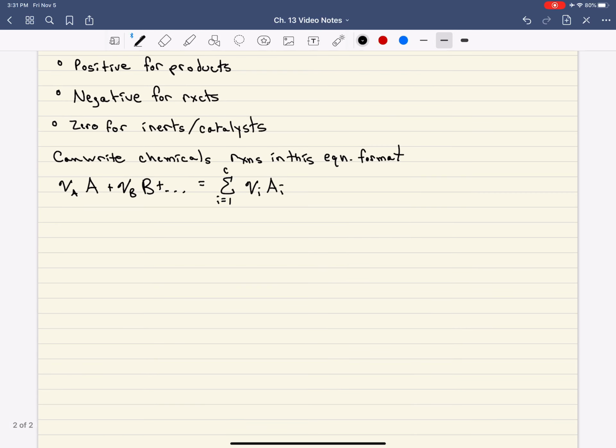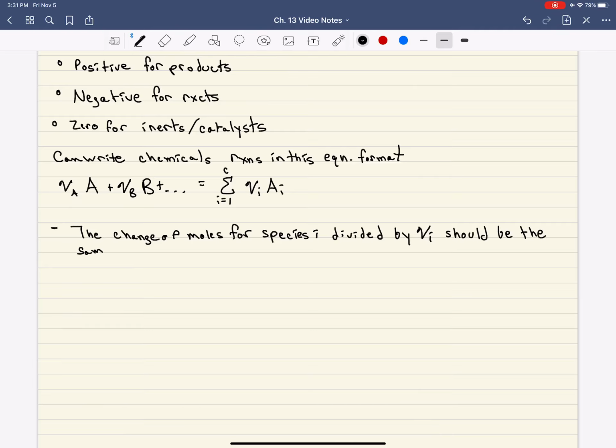Okay? Now, in general, if we want to consider the change in moles of each of the species, we would say that the change in moles for a particular species i, divided by its stoichiometric coefficient, that ratio should be the same for every species participating in the reaction.